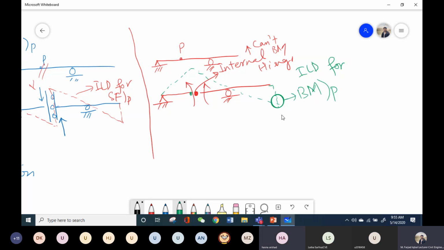I will be giving you some example problems. Sir, the roller support doesn't resist moment, right? This roller support? Yes. So just try to visualize what will happen when I apply the moment at this point.